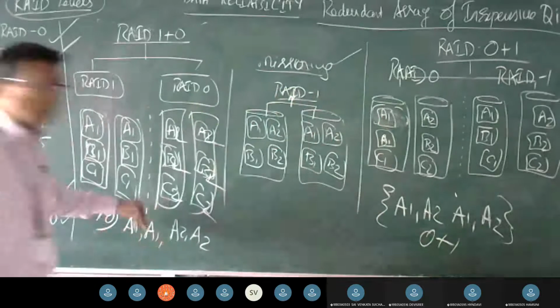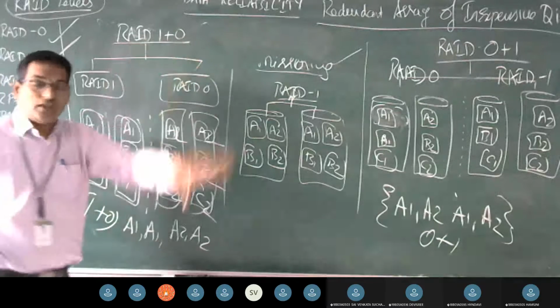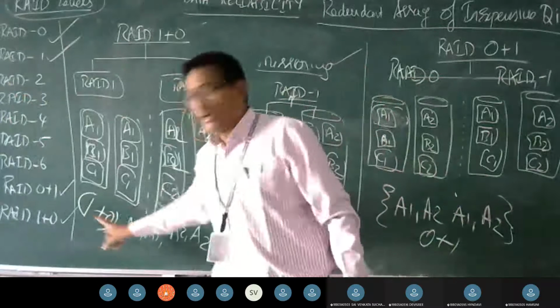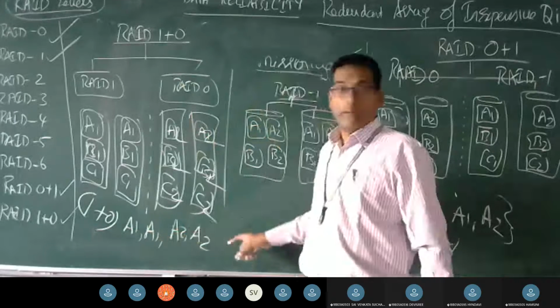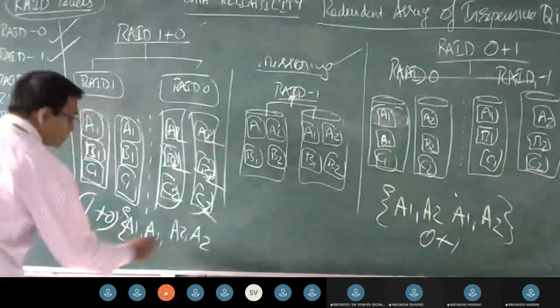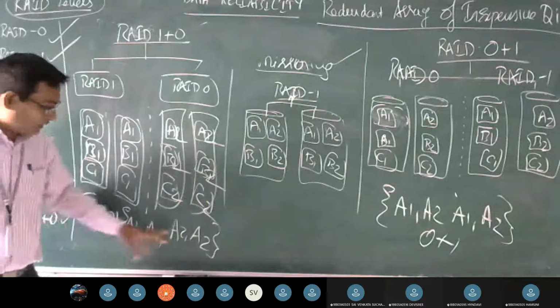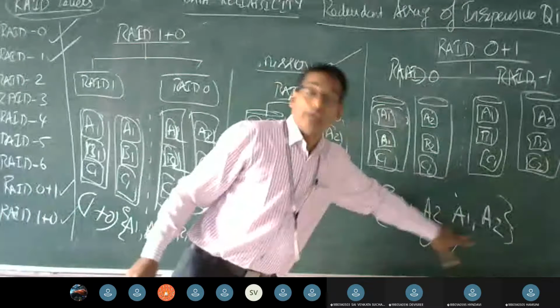If the same bits are represented with the 1 plus 0 architecture, then it is A1 followed by A2, right? So now you should understand the architectural differences. It is A1, A2, again A1, A2.